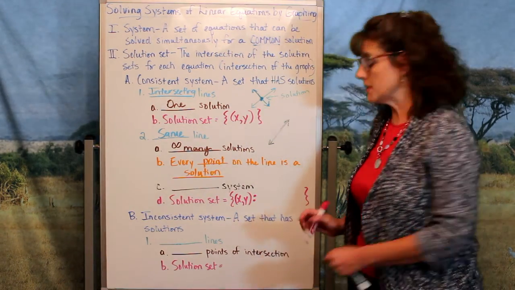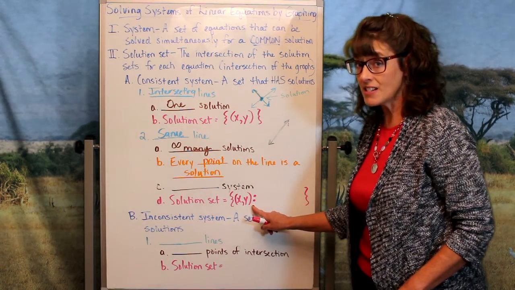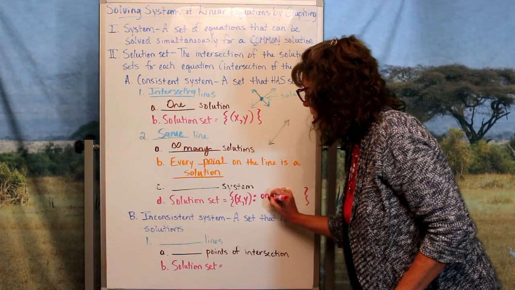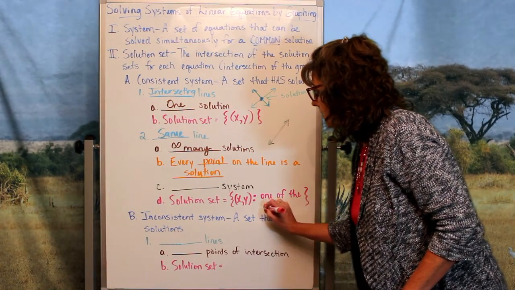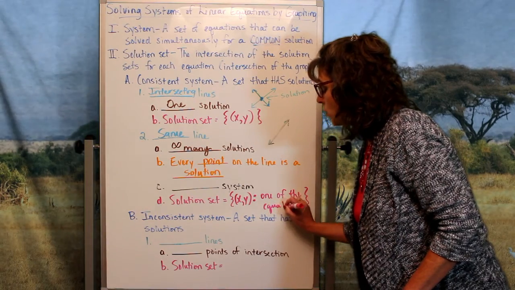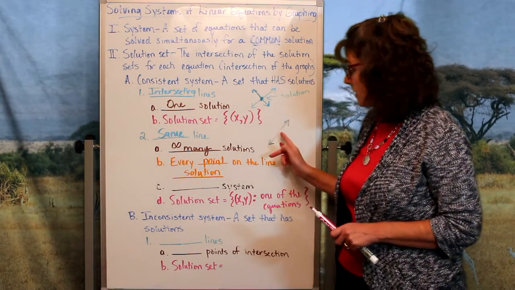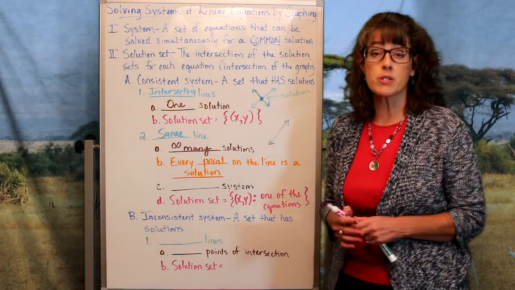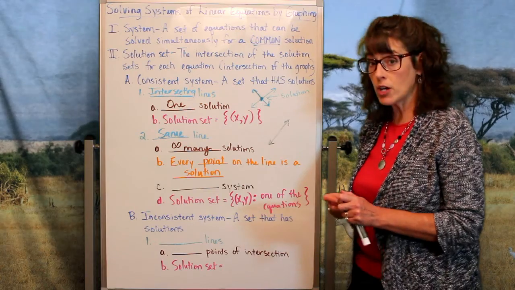The colon simply says the set of all points that satisfy, and then I'm going to put one of the equations that are in that system. It doesn't matter which equation you choose, because both equations mean the exact same line. They both represent the same line. We'll see an example of that, but this is how it goes.